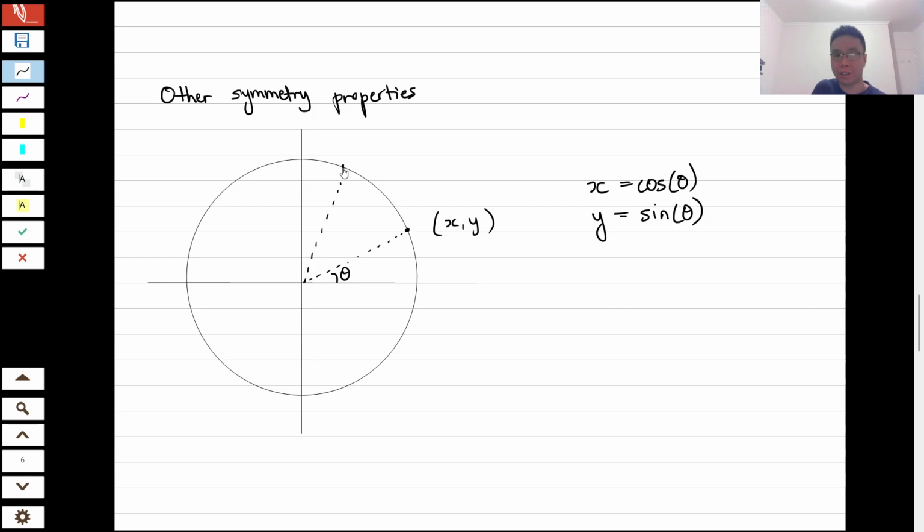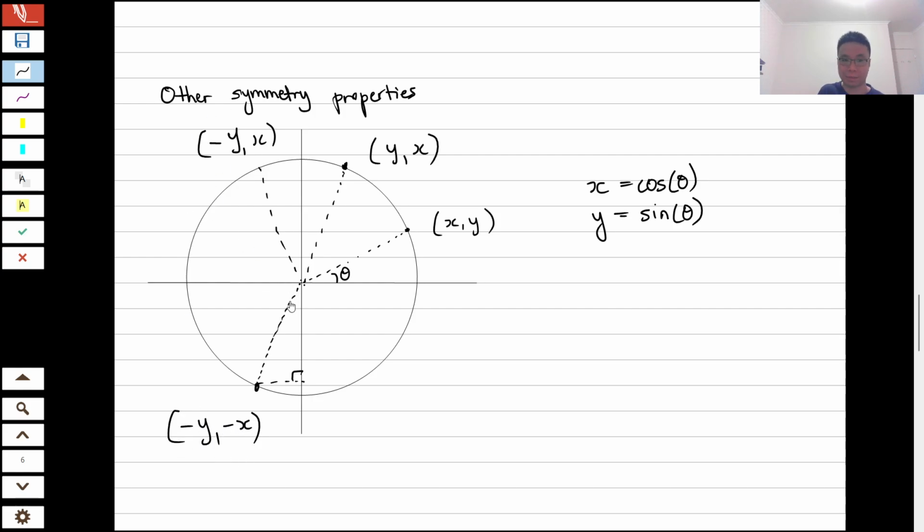I then take the inverse to get y comma x, reflect about the y-axis to get negative y, x, and reflect about the x-axis to get the point negative y, negative x, and this is theta here. This time, the angle is this, and it's 3 pi on 2 minus theta.